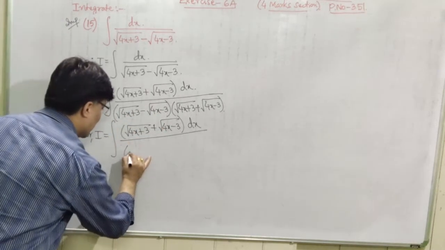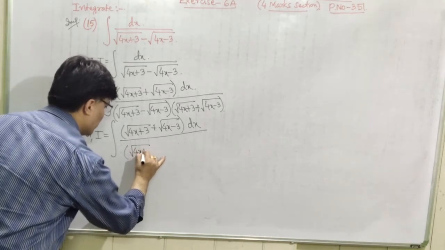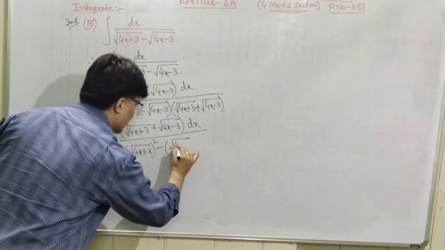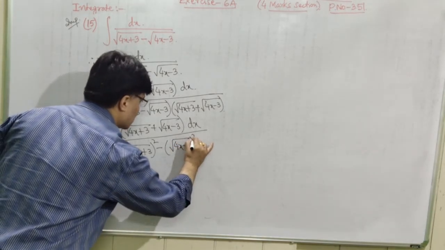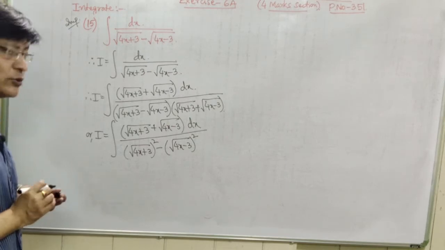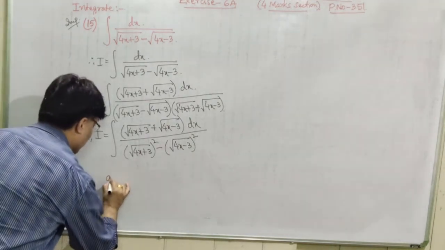Here what is a whole square? It is (root over 4x plus 3) whole square, minus, what is b whole square? It is (root over 4x minus 3) whole square. So I think you have understood it. So let us simplify it further.